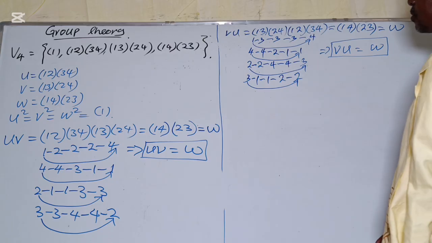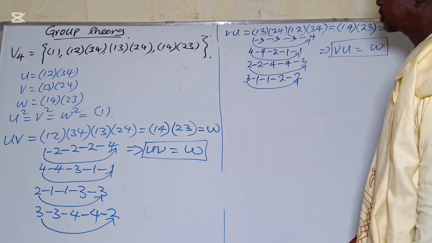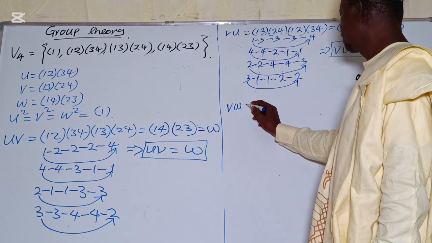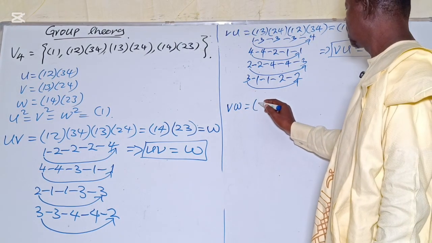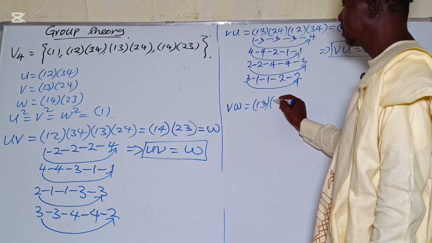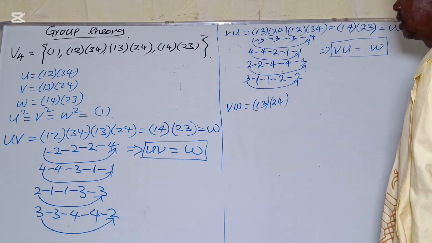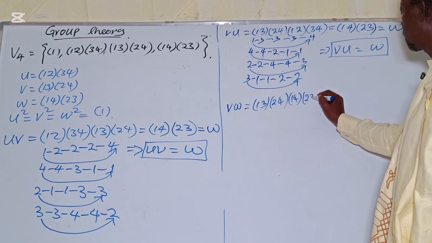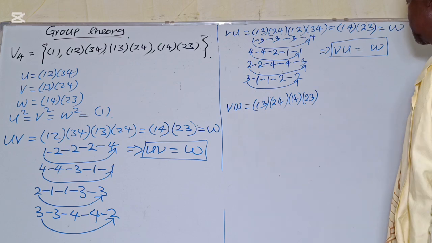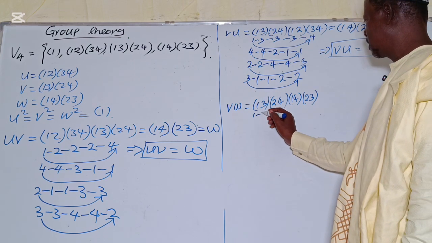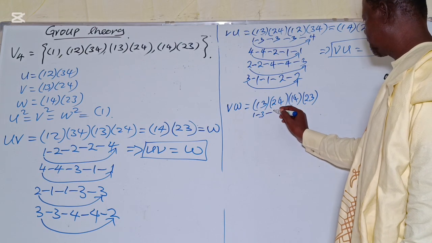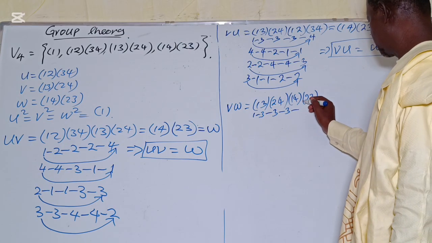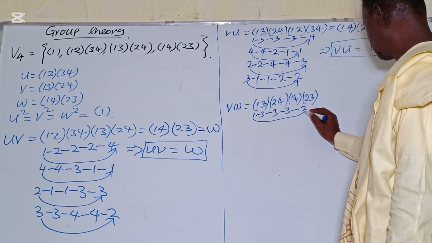I may also want to check what of VW. V times W is going to be, V is (1 3)(2 4), and W is (1 4)(2 3). So my computation will be 1 is mapped onto 3, 3 is fixed in the second cycle, 3 is also fixed in the third cycle, but 3 is mapped onto 2, so ultimately 1 is mapped onto 2.